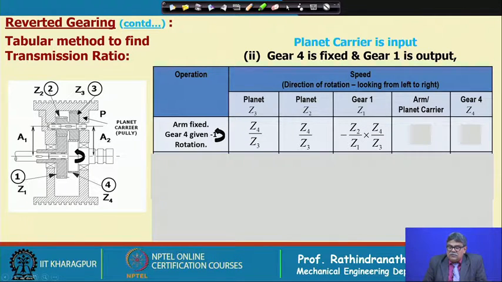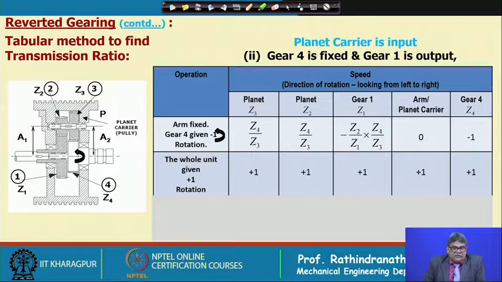Gear 1 will rotate, again by the gearing ratio, Z4 by Z3 into Z2 by Z1, minus sign will come, it will be opposite to the direction given to gear 4, and arm planet carrier is 0 and gear 4 is -1, which we have given.